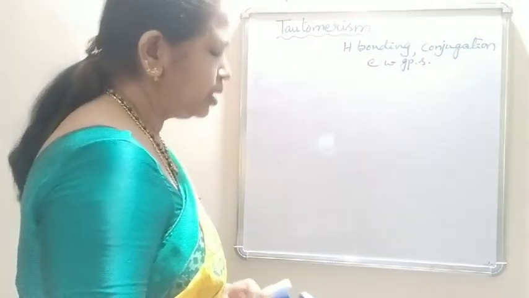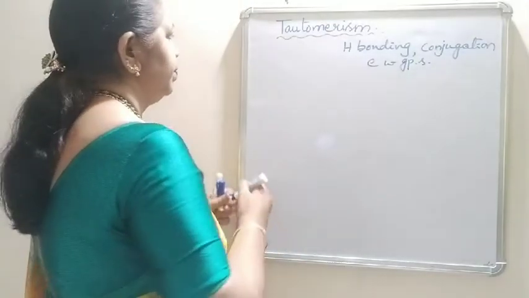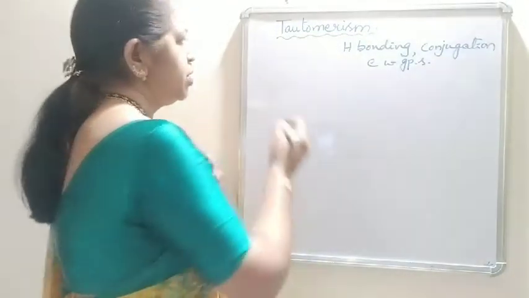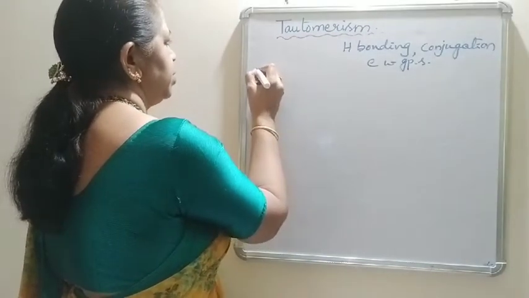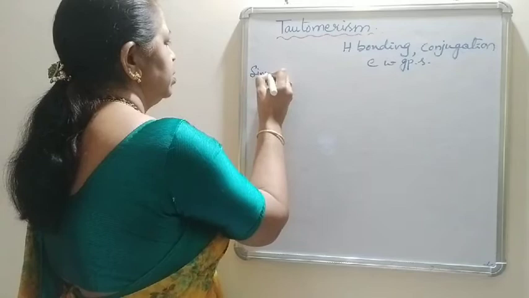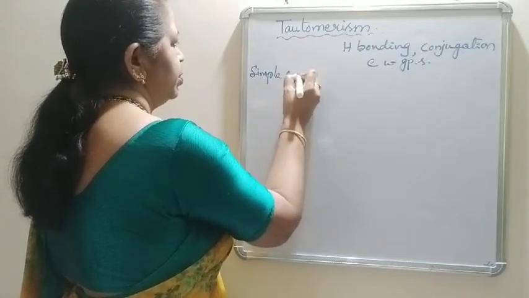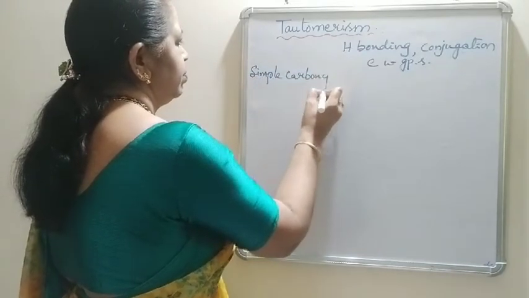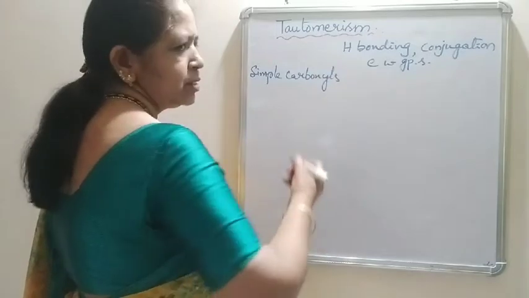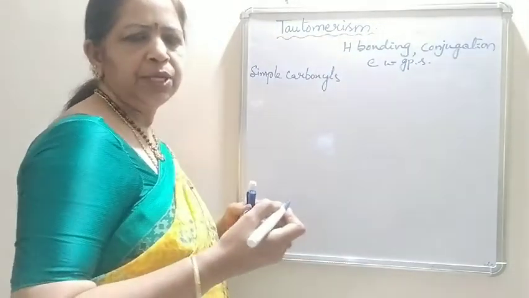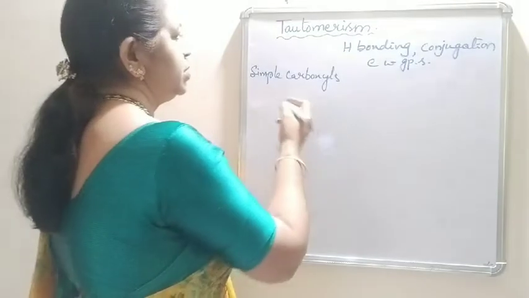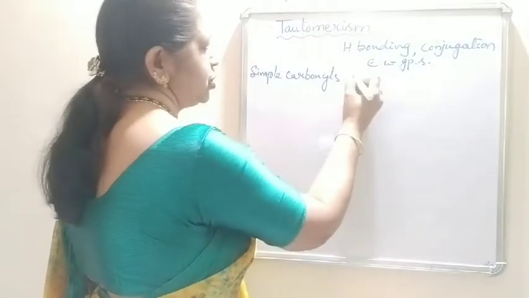Now let us see what are these compounds. We have seen just now simple aldehydes or ketones, that means simple carbonyls. In simple carbonyls, keto form is more stable. That means the percentage of enol is almost 0.